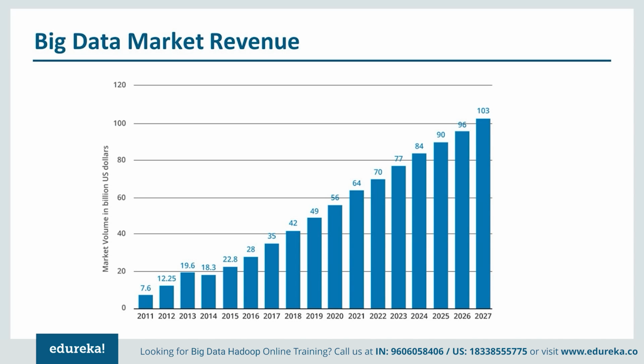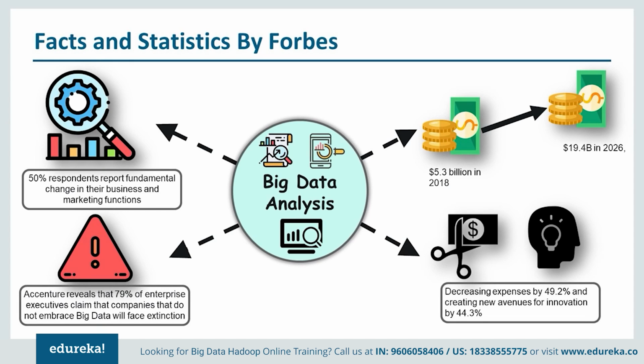So now let's move forward and see the next one, which is facts and statistics by Forbes. I've collected four of these which I found really interesting and wanted to share with you guys. So the first one here basically states that nearly 50% of respondents to a recent McKinsey Analytics survey say that analytics and big data have fundamentally changed business practices in their sales and marketing functions.